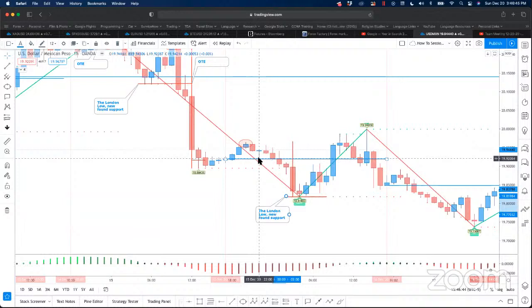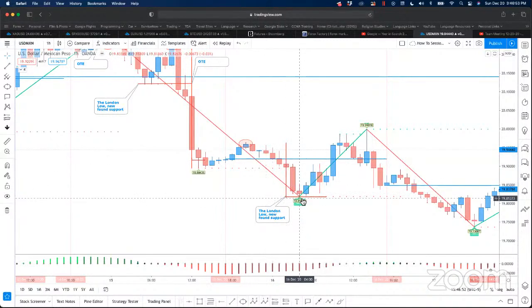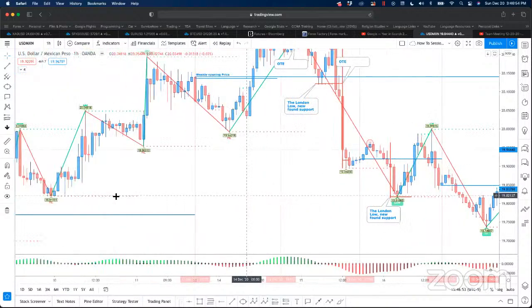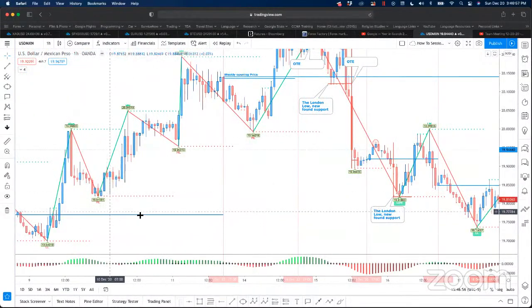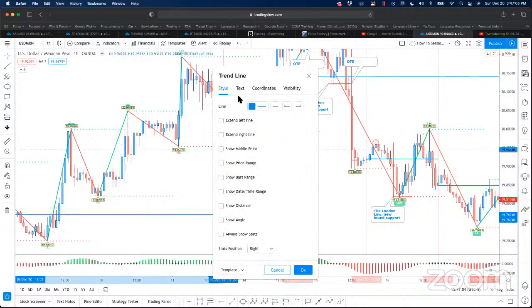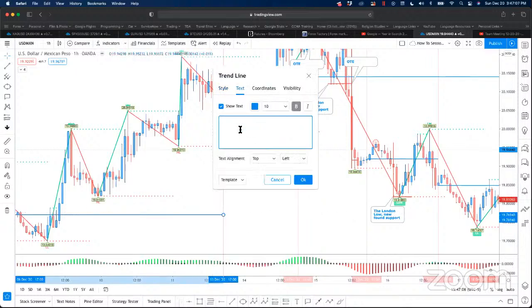So we have to take a different approach on this particular day, because we found a low that's near previous lows, right? And what we also did in this case was we pushed down near the previous week's opening price.